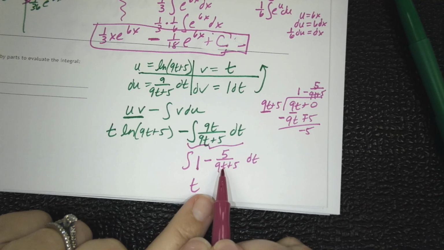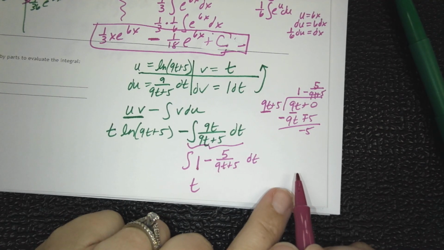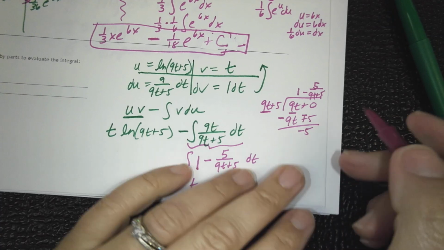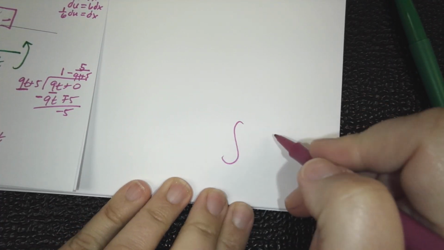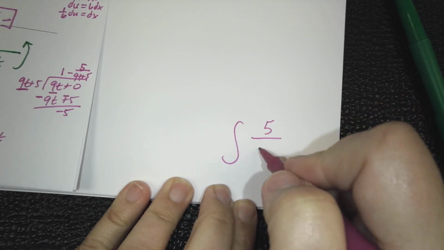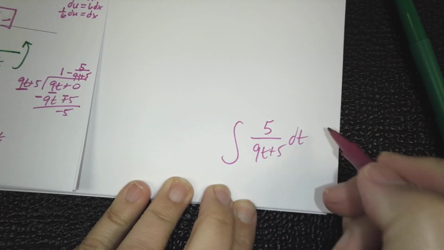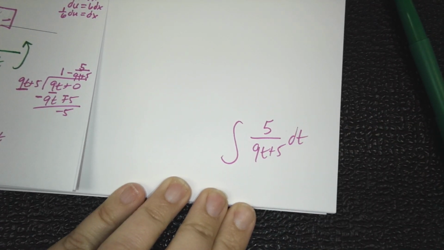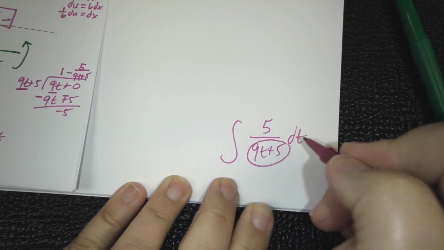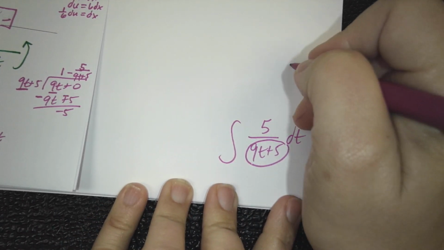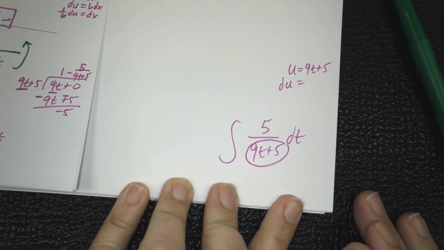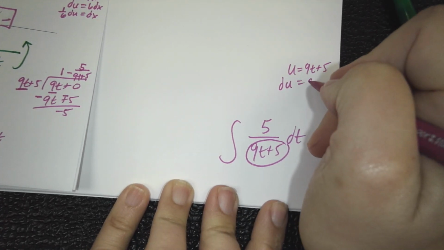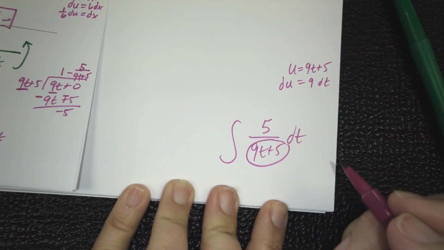This one right here, watch. I'm going to put it on here on a larger scale. If I integrated 5 over 9t plus 5, by the way, this was on your last test, you called this u, did you not? And if we took a derivative of that, we would get 9dt, and what did we do with that 9?